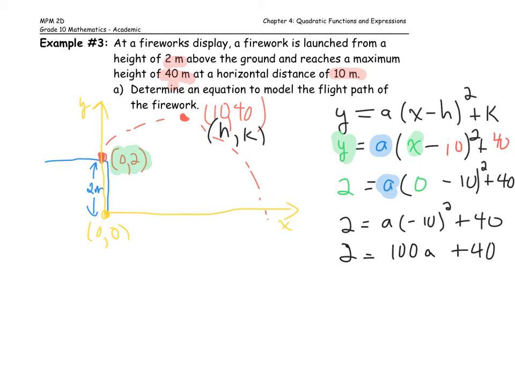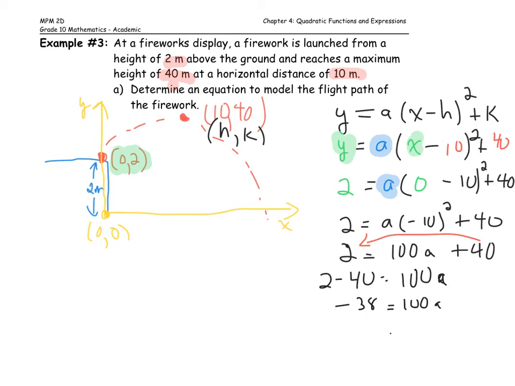Now I'm going to take my 40 and move it over to the other side. So I will have 2 minus 40 equals 100A. And again, feel free to skip the steps. I'm just showing them for clarity's sake. So negative 38 is equal to 100A.